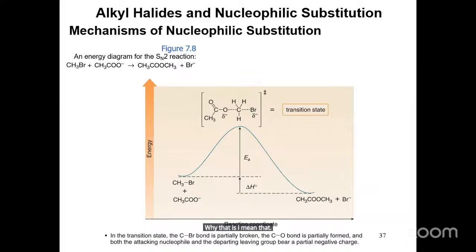That's the transition state diagram, where you have the two of them at a higher energy, and by the time the bromine is lost, you have a lower energy than what you have for the acetate and methyl bromide.